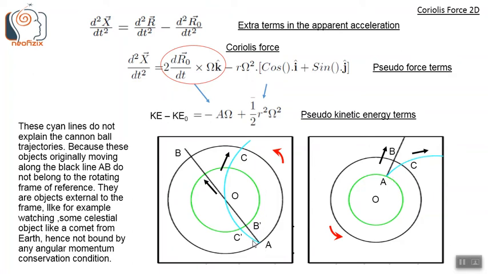But from the rotating frame, it appears as this curved path AC with these extra pseudo force terms included. So this AC is the cyan line shown here. This is the path we expect with the pseudo force terms. This is what we see apparently in the rotating frame when we observe the same motion, that is this black line motion, from the rotating frame.